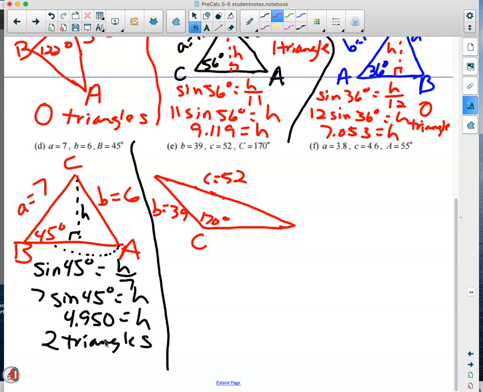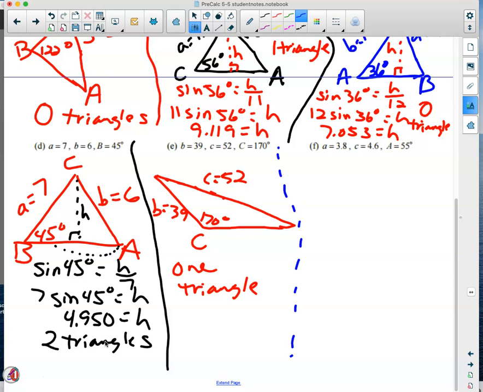We're going to get a triangle for this one. Remember, for obtuse, all that has to happen is side opposite has to be greater than side adjacent. Yeah, we're going to get 1 triangle out of this. Again, it's the acute that takes a little bit more math, where we have to check out the height.